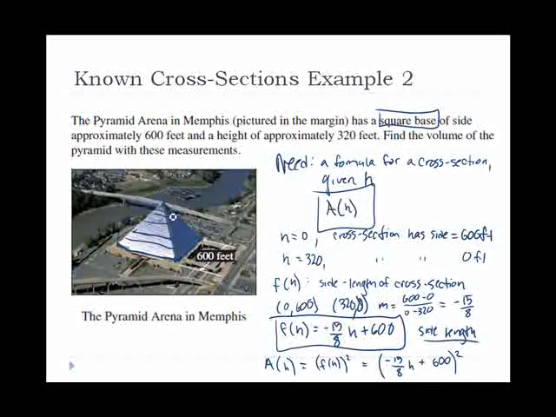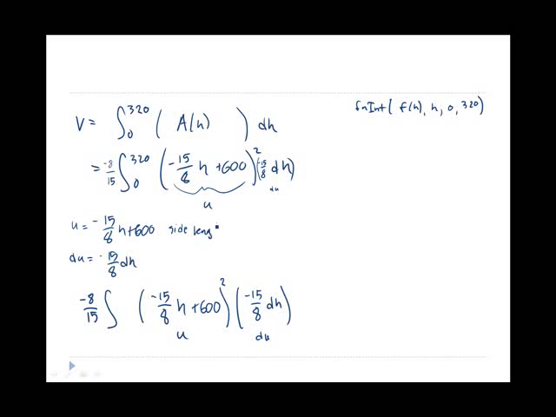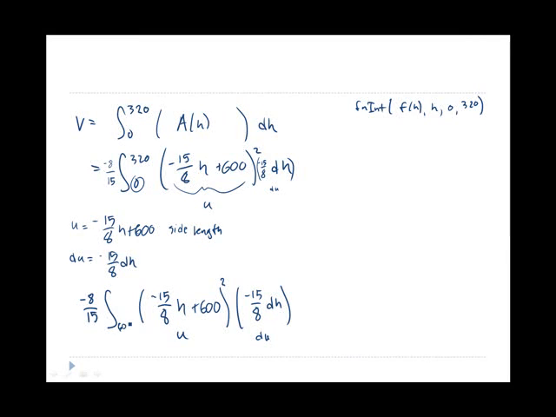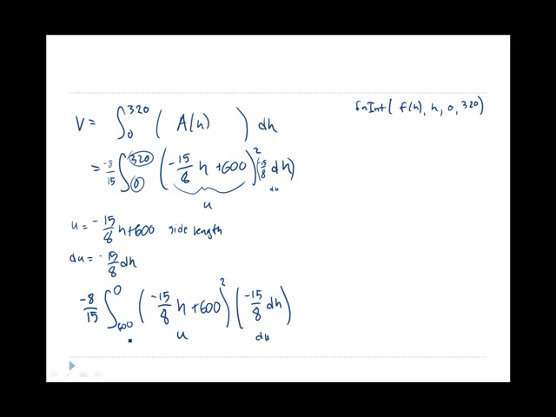We already know those values, right? So what is the side length? U is the same thing here as our f of h function, which is the side length. So what's the side length when our height is 0? The side length is 600. And what's the side length when our height is 320? It is 0. So this becomes integral from 600 to 0 of u squared du times negative 8/15.